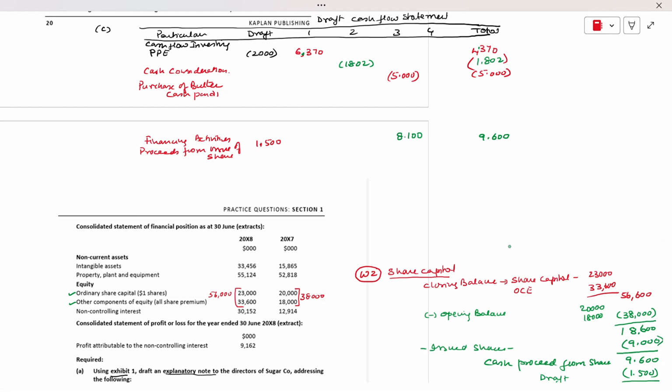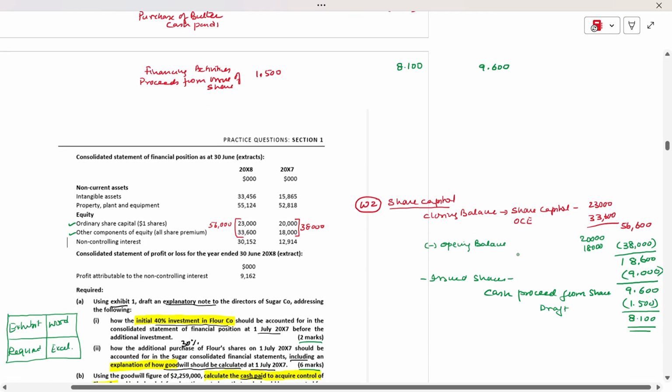Intangible assets. How much are the intangible assets? Closing is 33,456. Opening is 15,865.